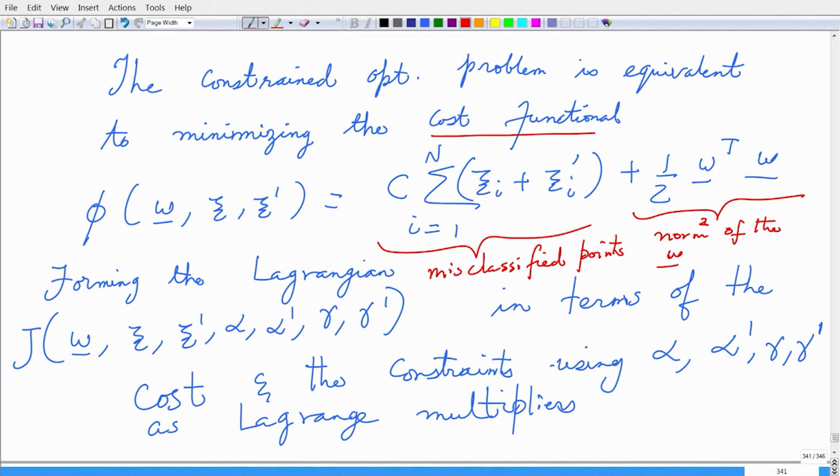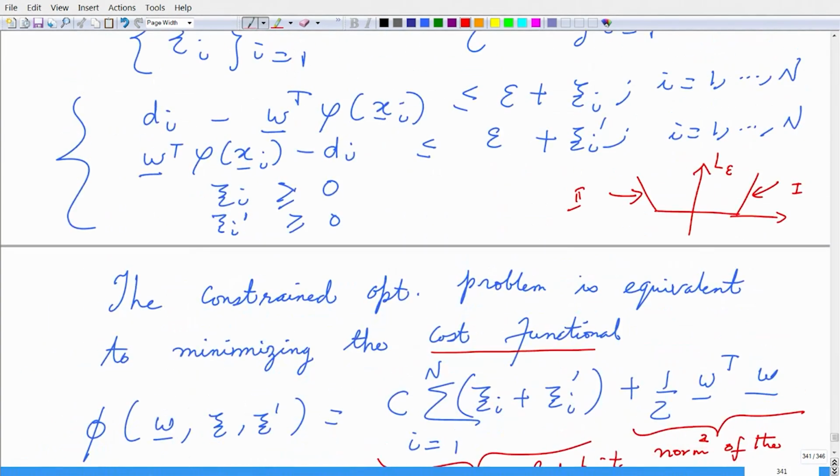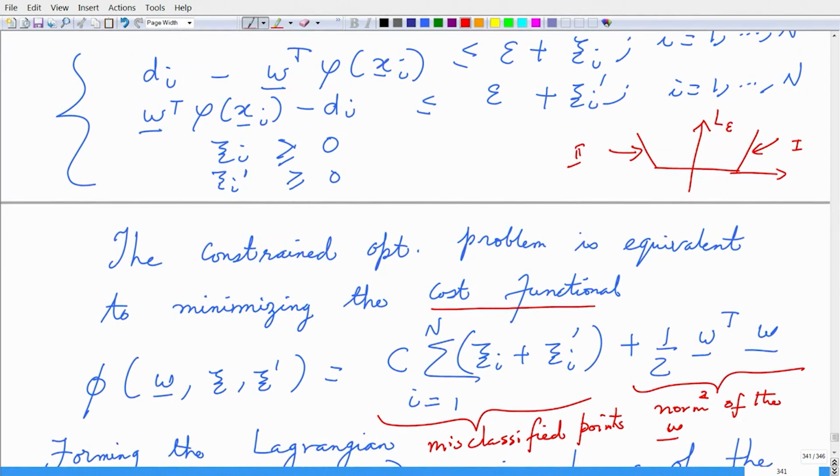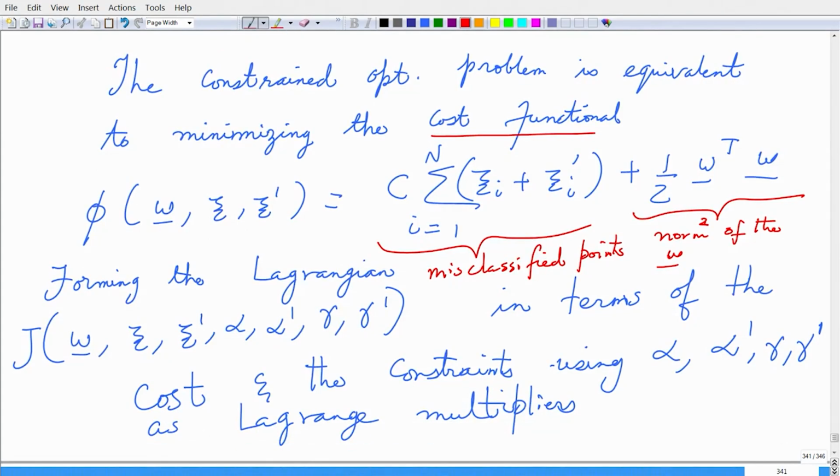So I have two terms that I fuse together as my cost functional, and I want to minimize this cost subject to the constraints that I have in terms of the slack variables and associated Lagrange parameters, and other constraints that I had in terms of the first two constraints connecting d i, the weight vector w, and the nonlinear transformation on the vector x i. So this Lagrangian has several parameters inside the arguments.